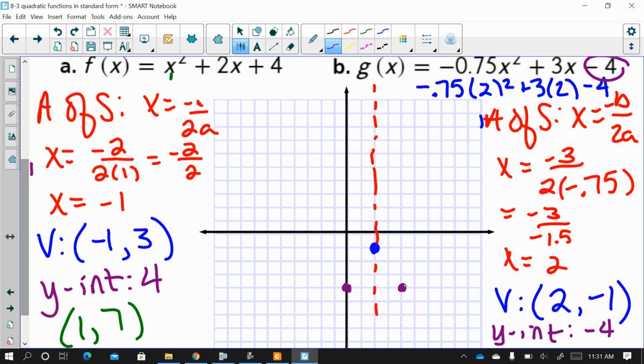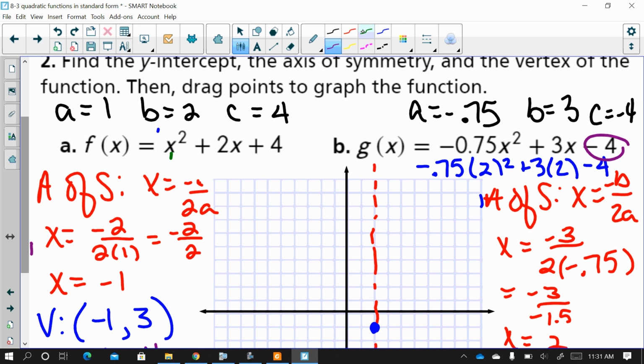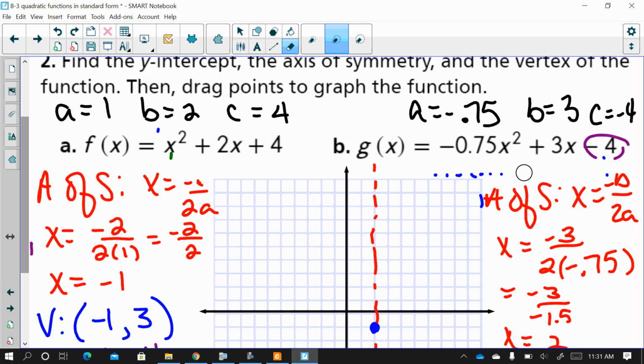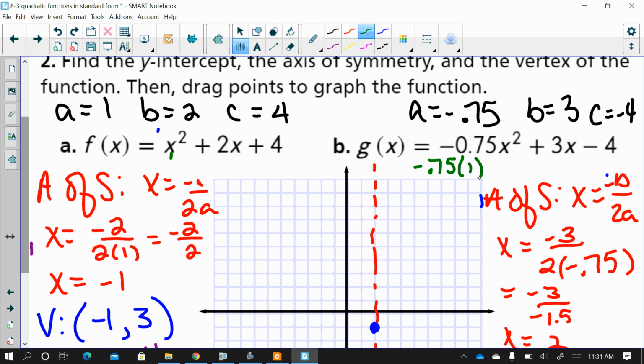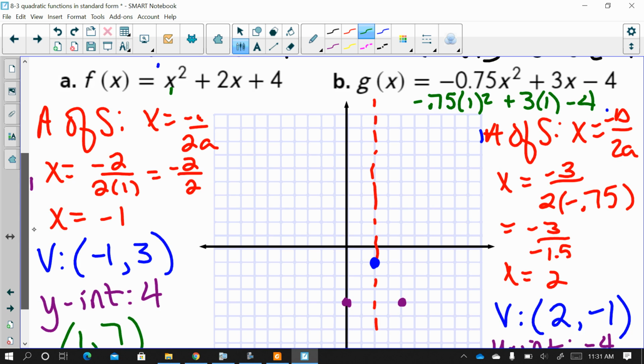Okay, just need one more point. You can pick whatever you want. I'm just going to pick 1. Again, it's easy. Okay, so let's plug in 1. Negative 0.75 times 1 squared plus 3 times 1 minus 4. Well, 1 squared is just 1, so negative 0.75 plus 3 minus 4 gives me negative 1.75.